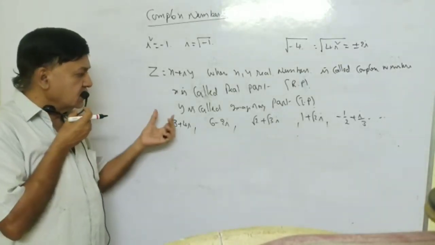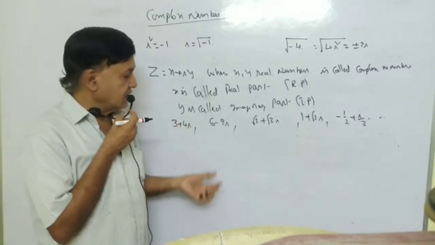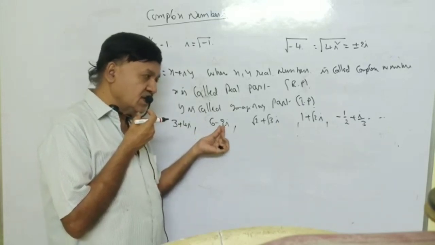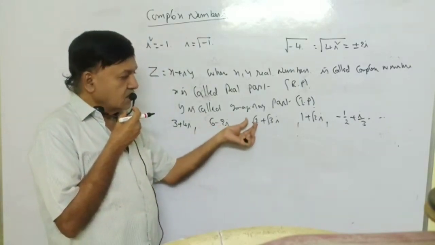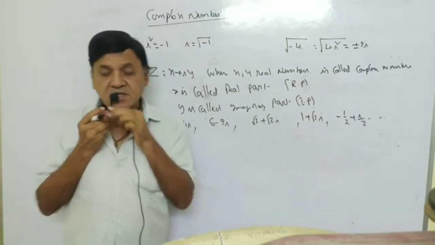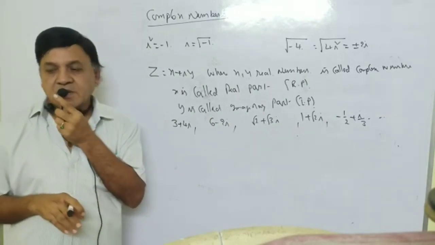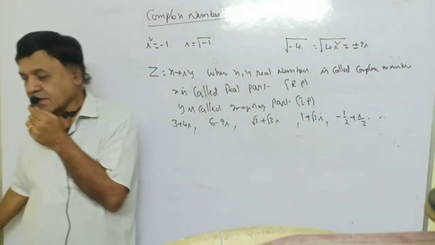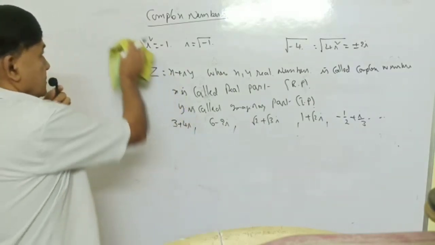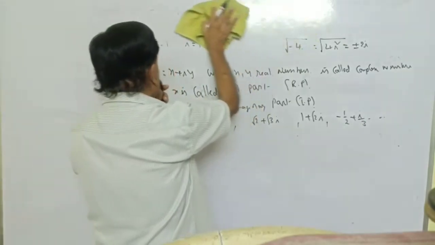In this complex number, 3 is the real part, 4 is the imaginary part. 6 is the real part, minus 2 is the imaginary part. Root 2 is the real part, root 3 is the imaginary part. Like that, you have to identify the real part and imaginary part of a complex number whenever a complex number is given to you.